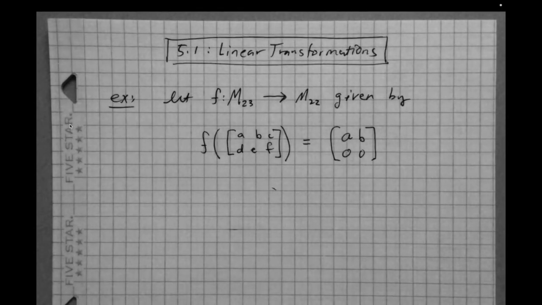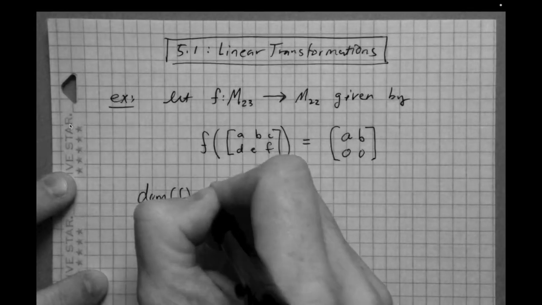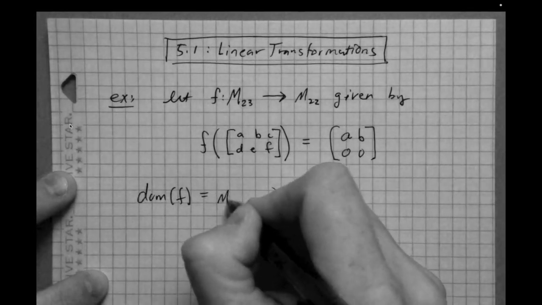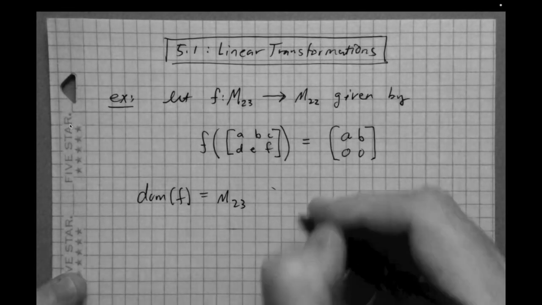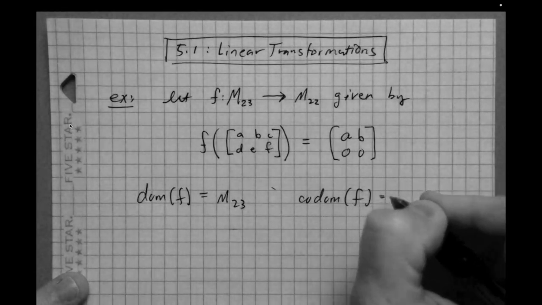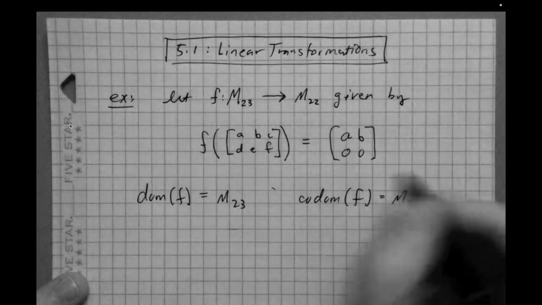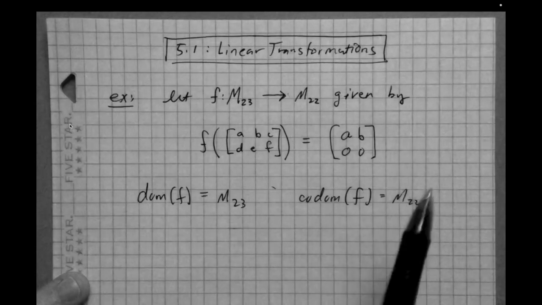What is the domain of f? The domain of f is M23. And what's the codomain of f? The codomain of f is M22. So we start in the domain, M23, and map it into the codomain, M22.